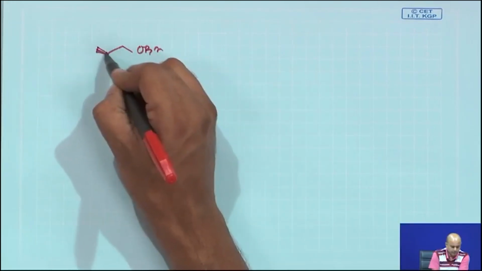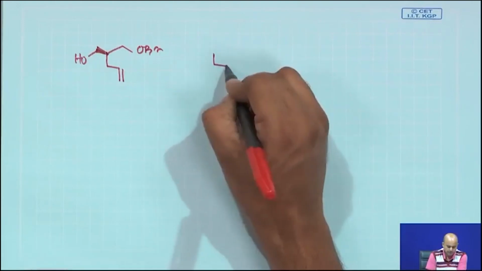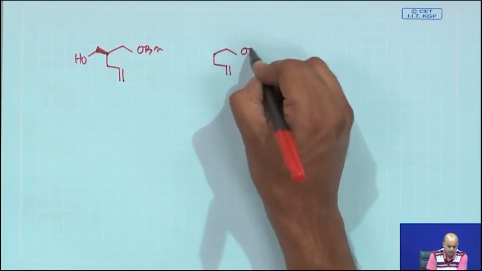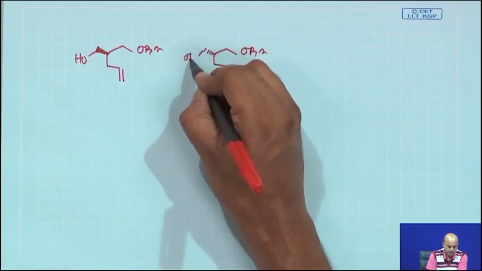So, you have this compound as well as this compound; these two are enantiomers.